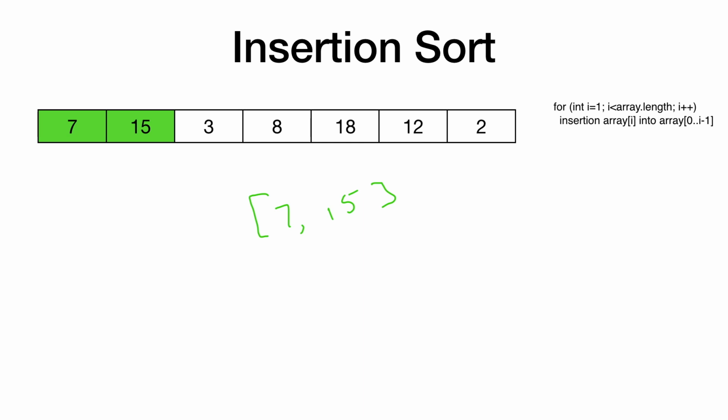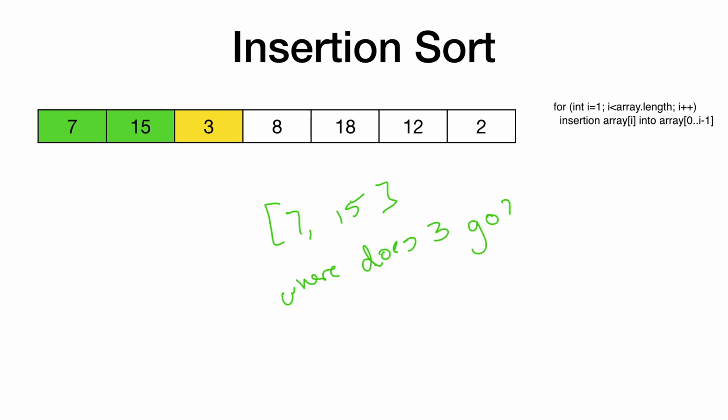And we want to know, where does 3 go? Well, we can see that 3 needs to go right there, and in this case we're going to have to move 15 down, 7 down, and put 3 at the beginning.